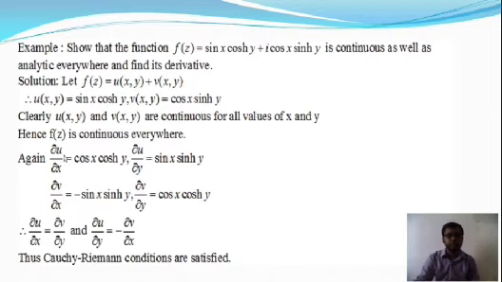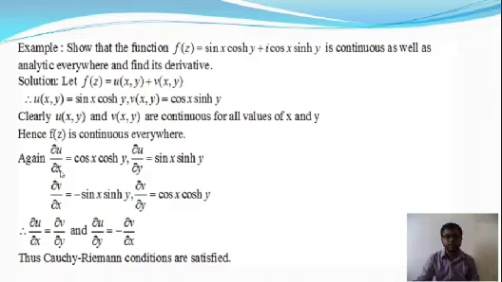So first of all, this is the partial differentiation with respect to x. Partial differentiation is basically not ordinary differentiation. When we differentiate partially with respect to x, y is constant, and if we differentiate partially with respect to y, then x is constant.